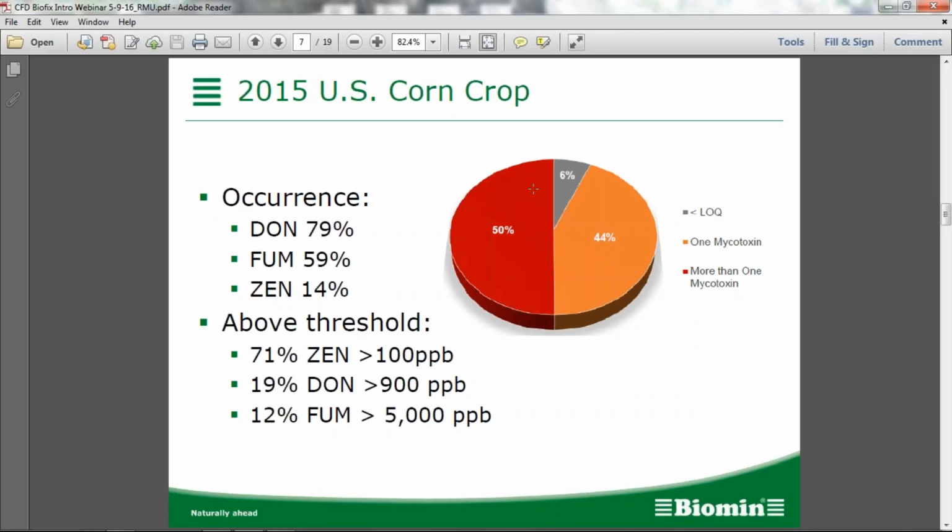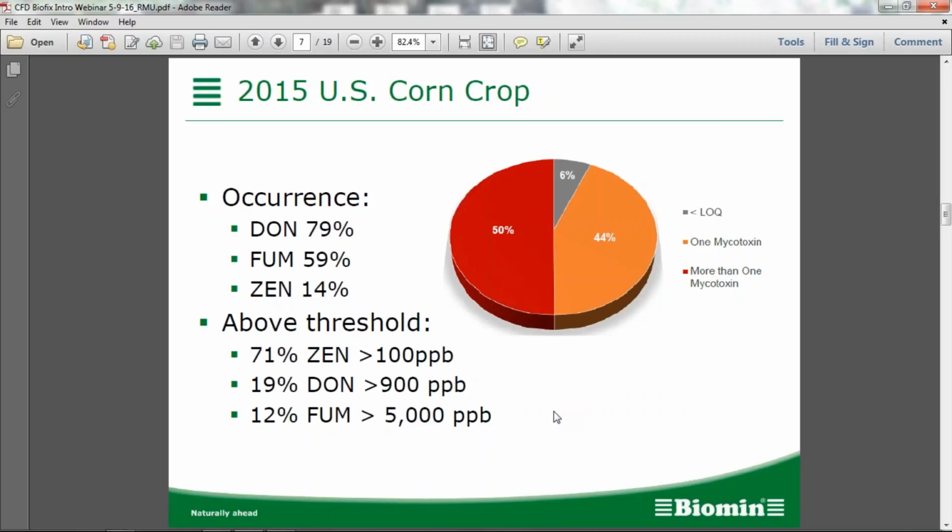When we talk about the presence of multiple mycotoxins, so 50% of these corn samples had more than one mycotoxin, we can see synergistic or additive effects of mycotoxins when there's more than one. So in that case, the effects would be even worse than what we would suspect by just having the one toxin.